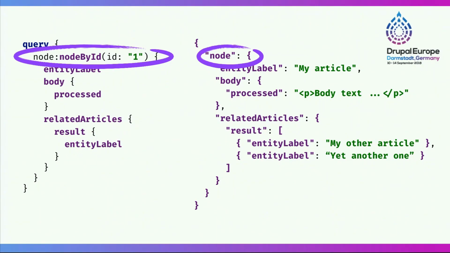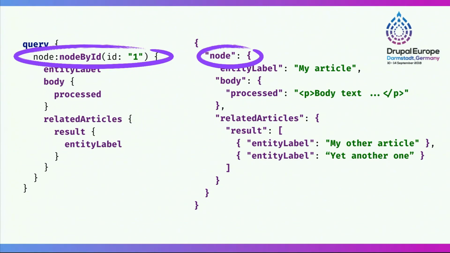This query consists of basically functions that get executed and produce a result. For this example, the query defines that we should call a function called nodeById with a node ID as a certain argument. And in this case, that's the name and the double colon before aliases it in the result to the name node. And that's what we see on the right.